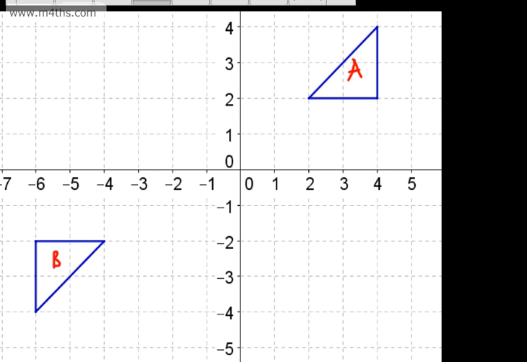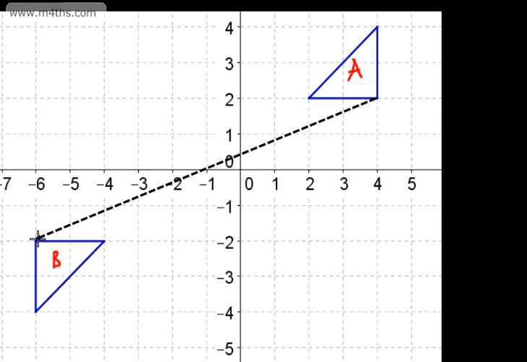An alternative approach with this particular one is to simply take the vertices of the triangle and consider what's happened to the shape. So what I'm looking at here is a rotation, and I'm thinking to myself, this point is going to come over here. We're now going to look at the other vertices of the triangle.